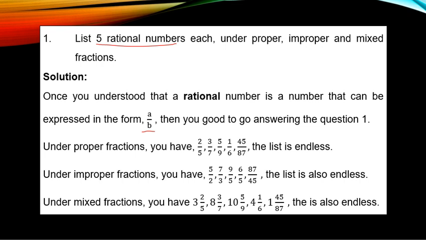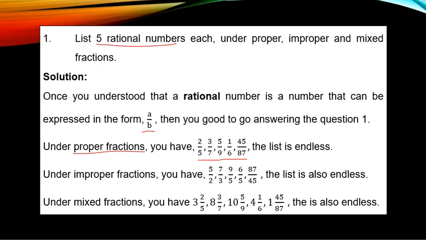So under proper fractions, they are the group of fractions such that the numerator is smaller than the denominator. So you have fractions like 2 over 5, 3 over 7, 5 over 9, 1 over 6, 45 over 86, 87.